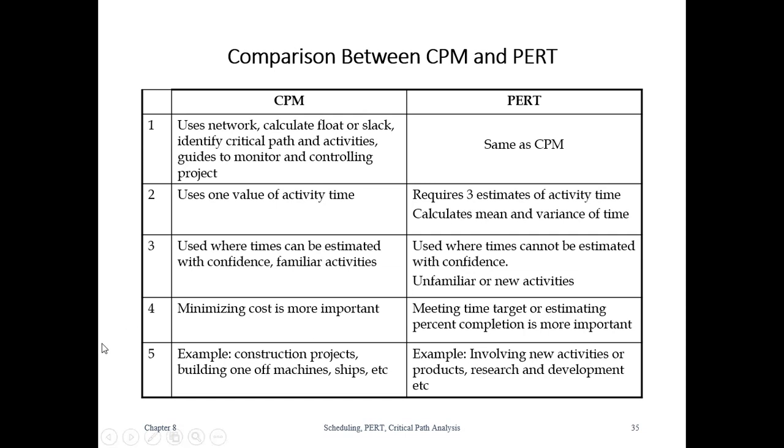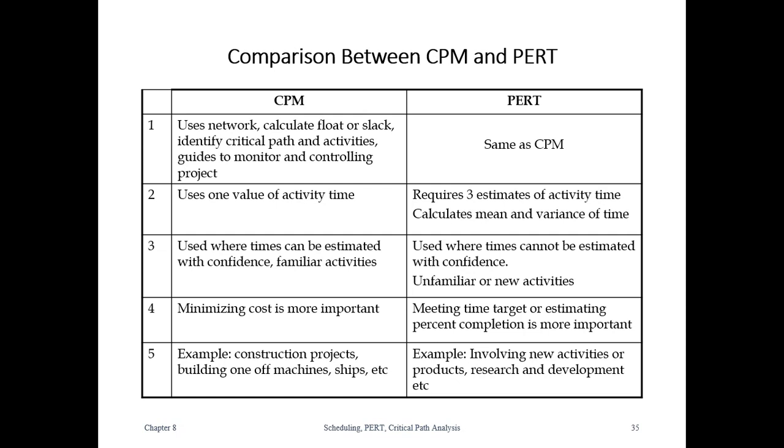In the case of CPM, we use only one value of time for activities because we are really sure about the activity time based on our previous experience. In the case of PERT, since we are not sure about the time estimates, we go for three time estimates, which are normally called the optimistic time, pessimistic time, and most likely time.